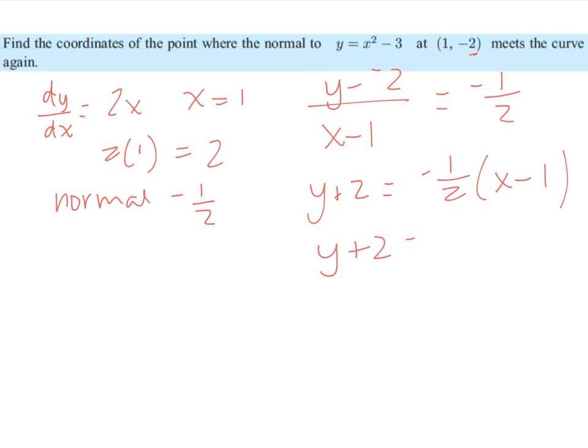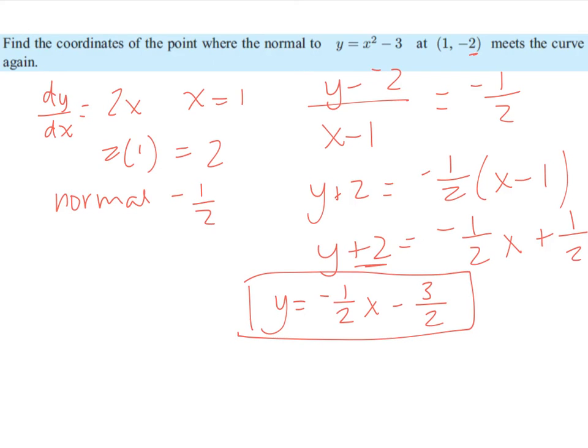When we distribute that, we end up with +1/2. And then we subtract 2, sorry, y equals -1/2 x. And then when we subtract this 2 from both sides, we end up with -3/2. So this is the equation of our normal.